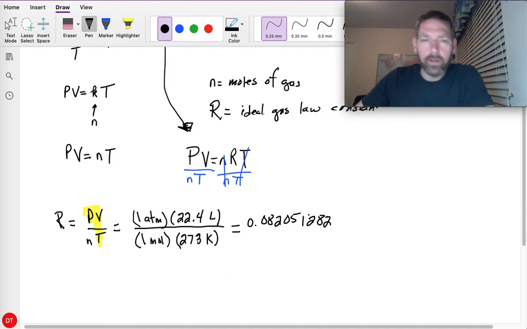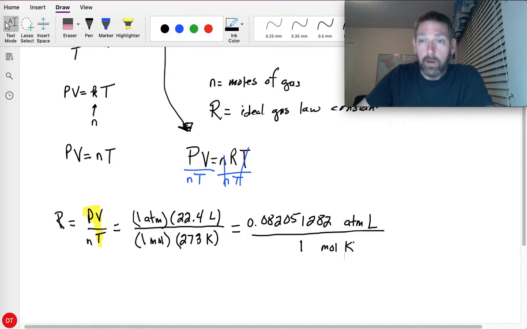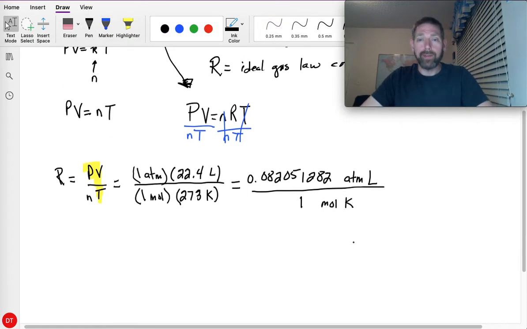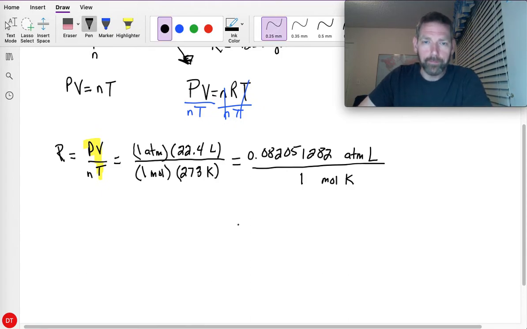All right, so now let's take a look at this. We've got atmosphere liters on top, and that's how you say that, is atmosphere liters. On the bottom is a 1, and then we have moles Kelvin. No unit has canceled out. Not one unit has canceled out.